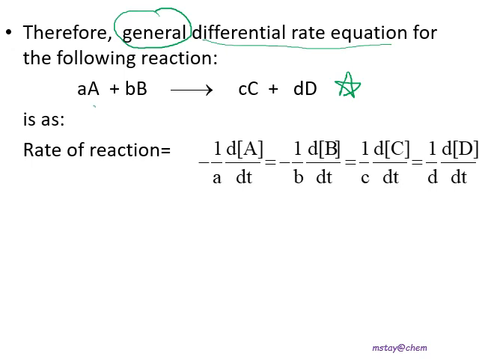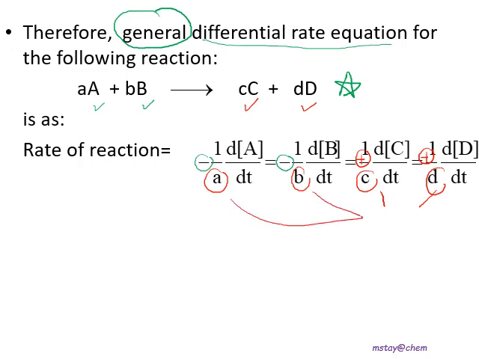From here we know that A and B are the reactants, so you can see that there is a negative sign in front of A and B, while C and D are the products. You will notice that there is no sign, or it is better if you always add the positive. Then over A, B, C and D, generally I refer to the coefficient in the balanced chemical equation.